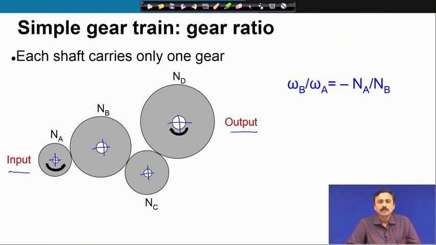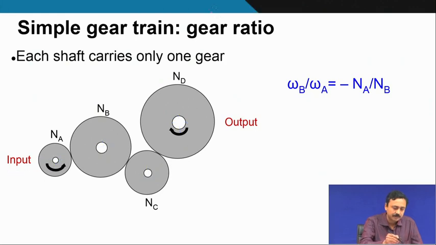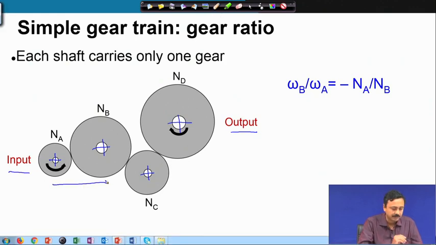Now, if you recall the motion transmission ratio, let us say for this pair of gears A and B, omega B divided by omega A is minus N A by N B, where N A and N B are the number of teeth on gears A and B respectively, and the negative sign indicates the direction; they are in opposite directions.